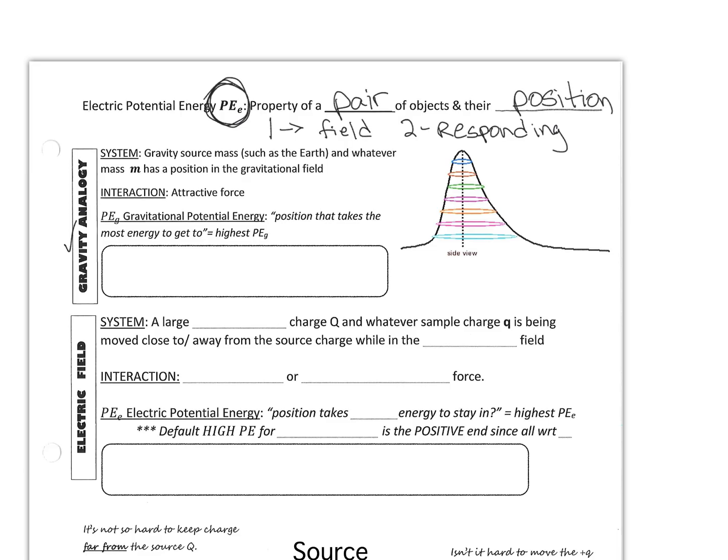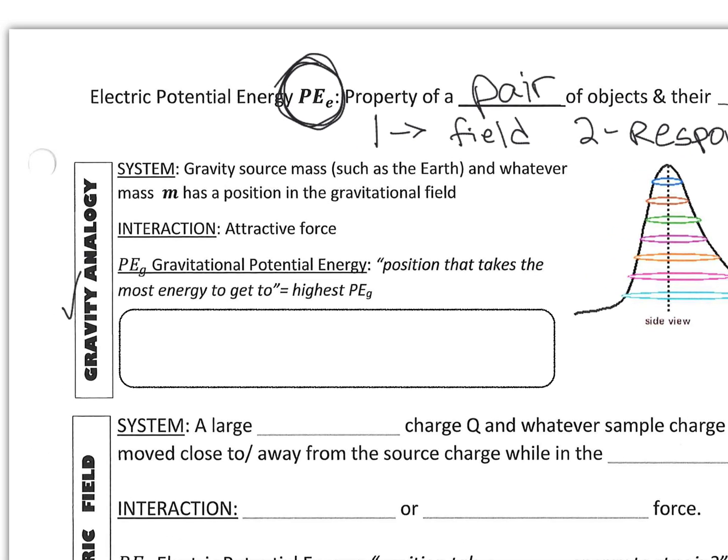Let's go to gravitational potential energy. You were an expert on this. At the midterm exam time, you knew that gravitational potential energy, its formula is simply mgh. But what causes gravitational potential energy? Well, you have a source. It's a large mass, typically a planet, a star, a black hole, if you will, anything that has significant mass.